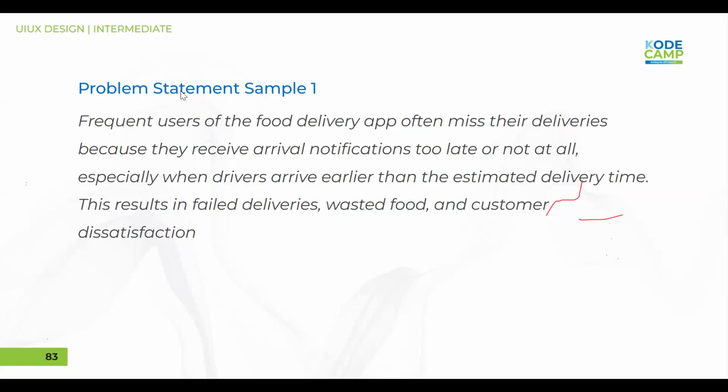So what have we seen here? They have a problem with missed deliveries. And so the app should have a feature where drivers call users before arriving. So this is what this is telling us.